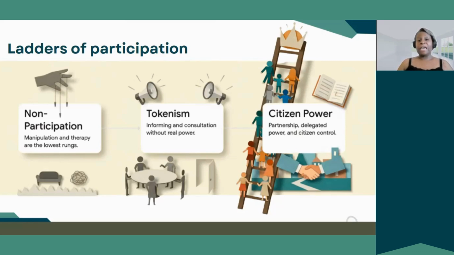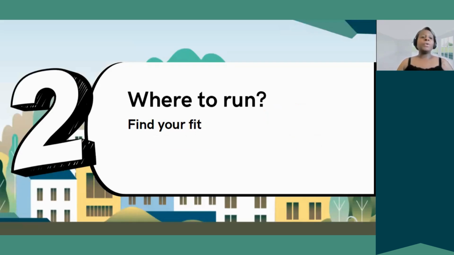But at the end of the day, I do want to emphasize that citizen power is that partnership with people, that delegated power and authority, and also citizen control. You've got to understand also the different levels of government to figure out exactly where you fit.